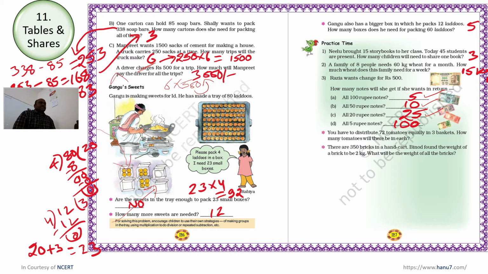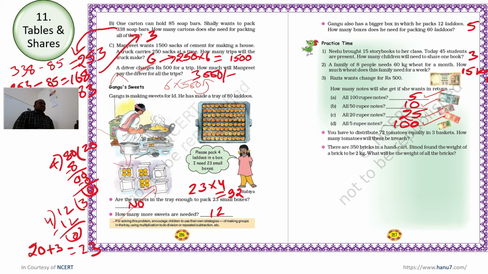And if she gets 5 rupee notes, then in total she requires 100 notes. So 5 into 100 will give us 500. So that is about how much currency she will get in return for the change of 500.